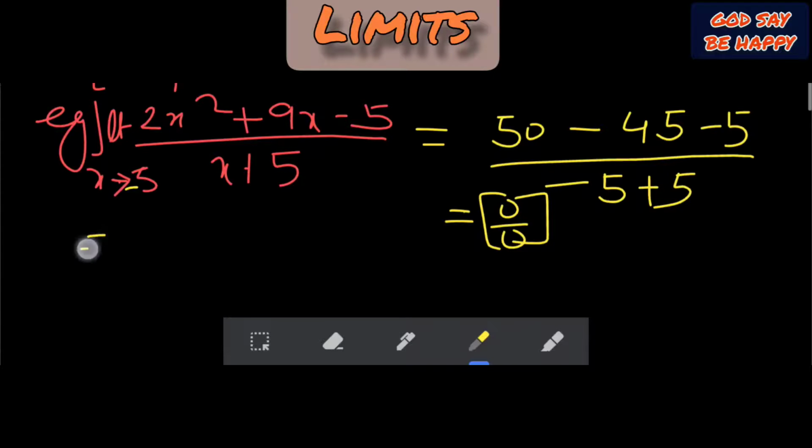Now we will factorize it. 2x square plus 9x minus 5.